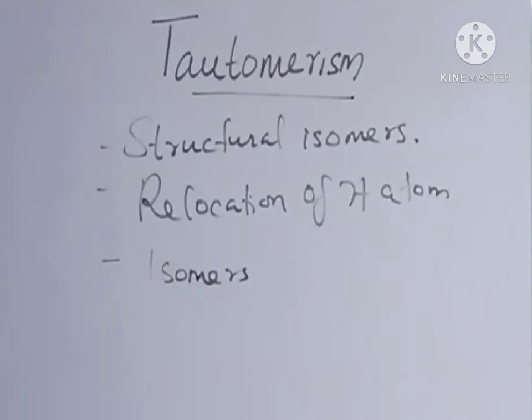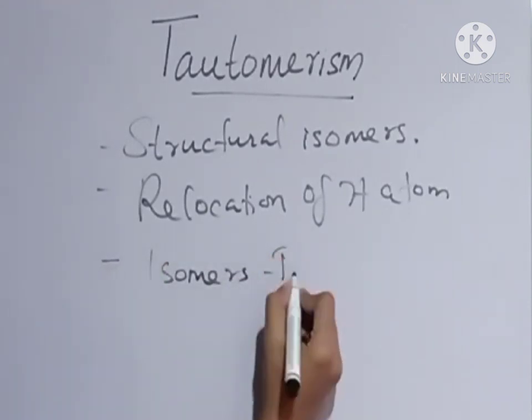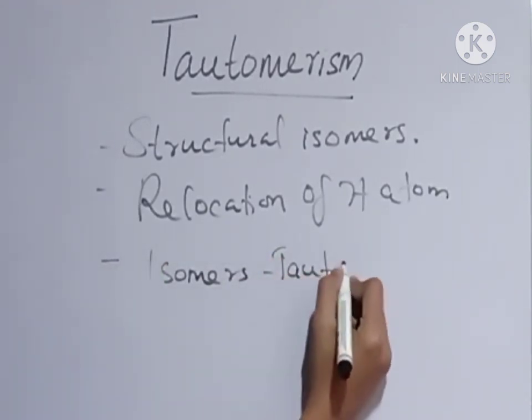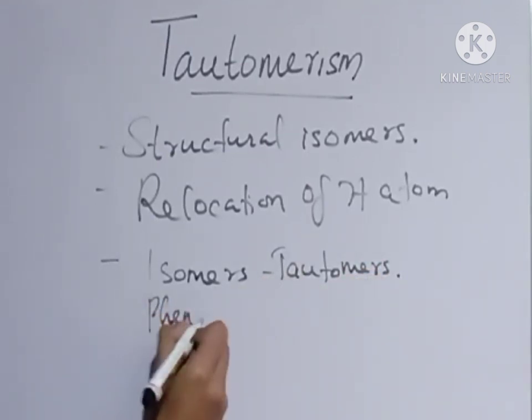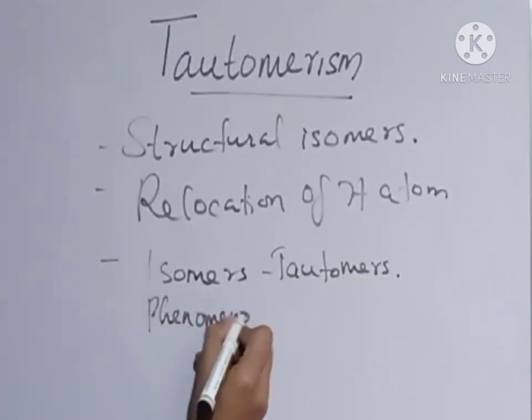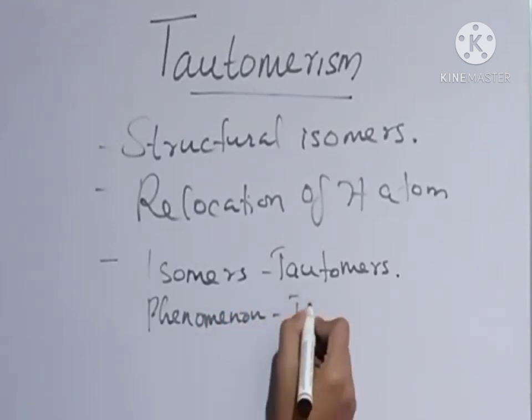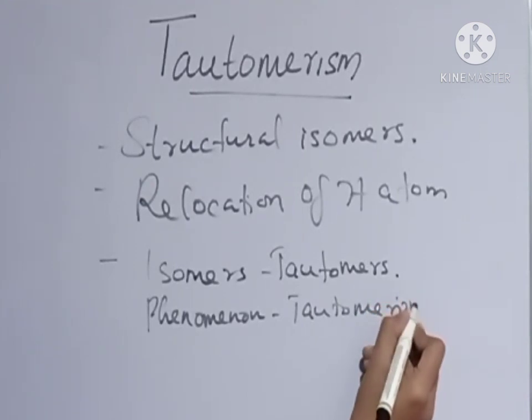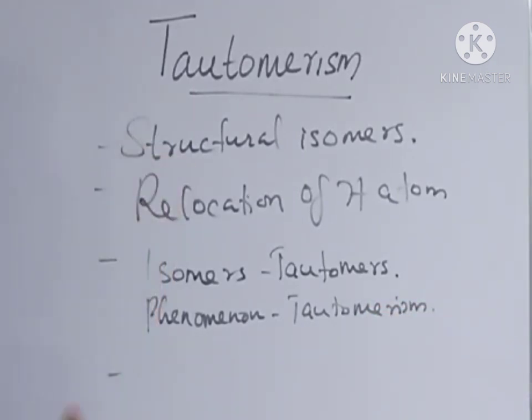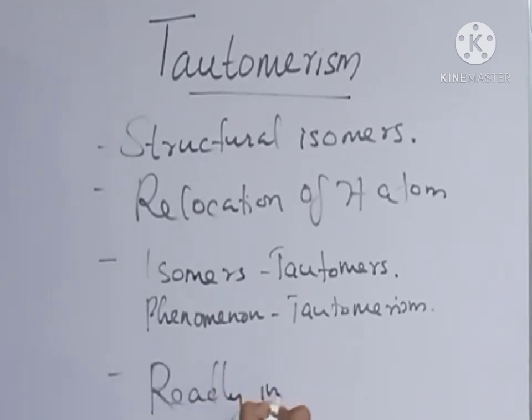The structural isomers are known as tautomers, and the phenomenon is known as tautomerism. And these tautomers, that is, these isomers, are readily interconvertible.